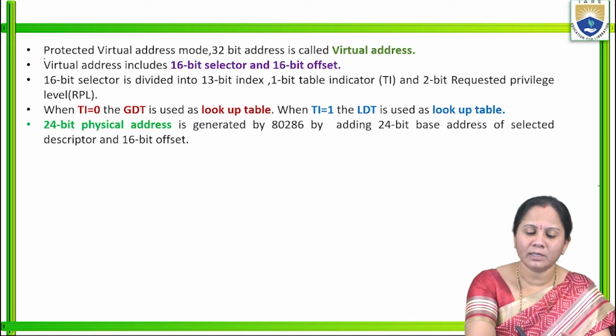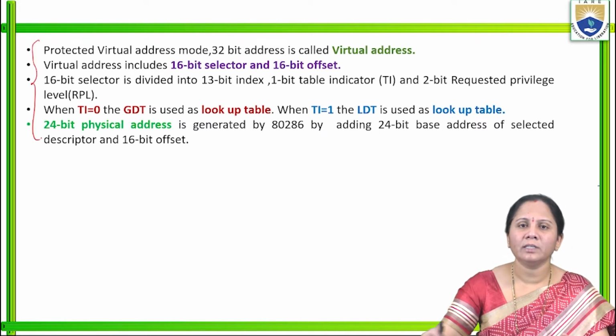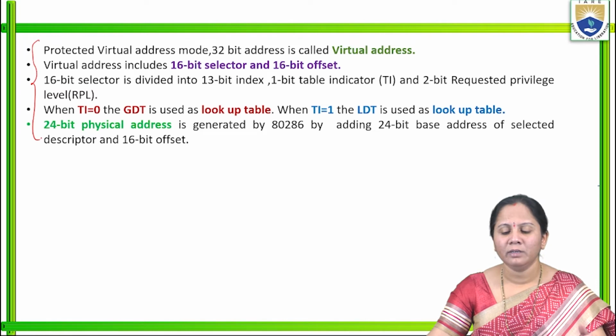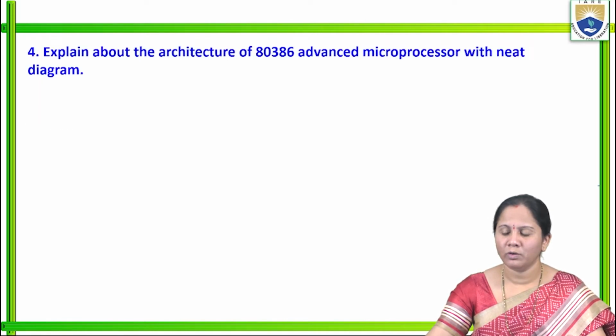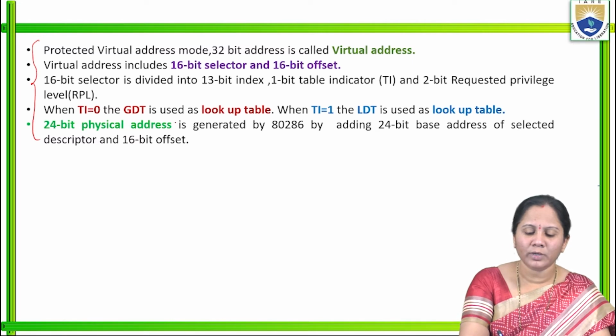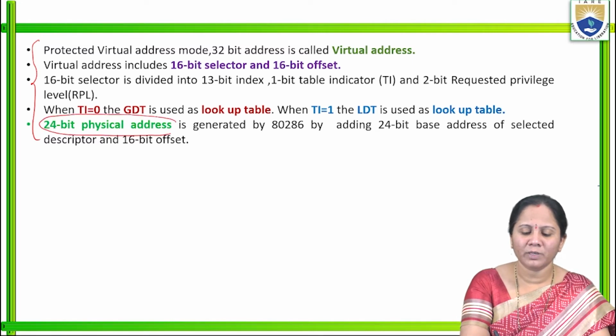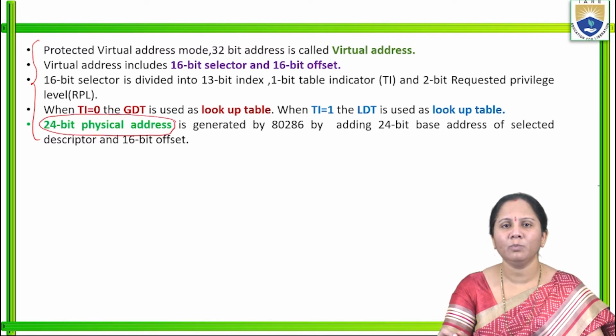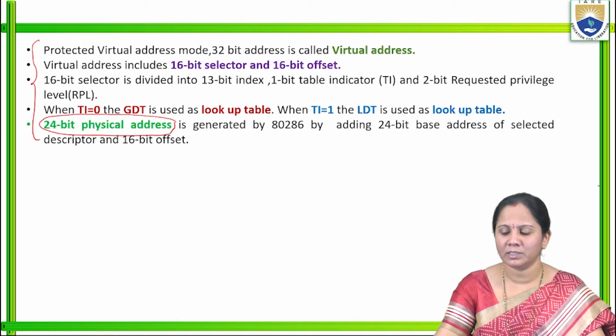And here this is the explanation regarding that protected virtual address mode. So using this mode, totally it is going to calculate a 24-bit physical address. If it is real mode, only a 20-bit physical address.